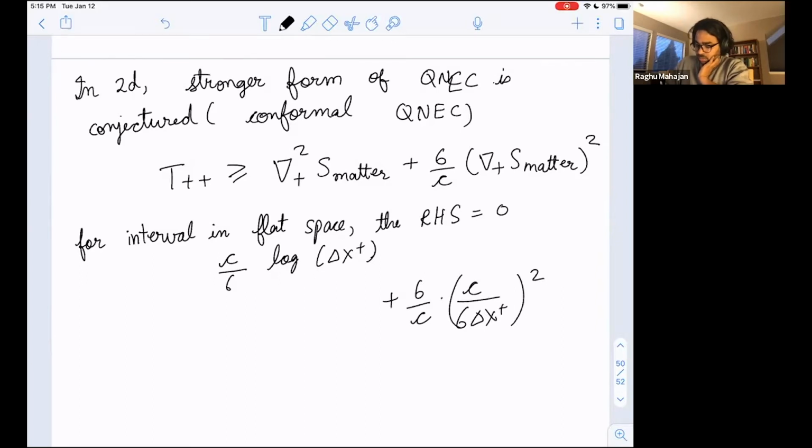And the second derivative is negative c over 6 delta x plus squared. So it's 0. And of course, in flat space at 0 temperature, T++ is also 0. So this inequality is saturated. What's also special about this inequality is that the left and right hand sides transform the same way under Weyl transformations.